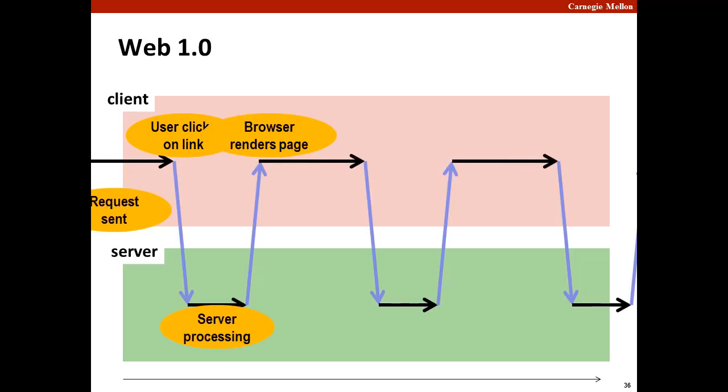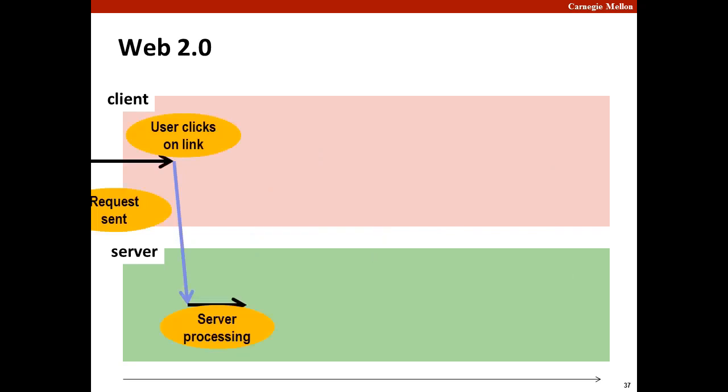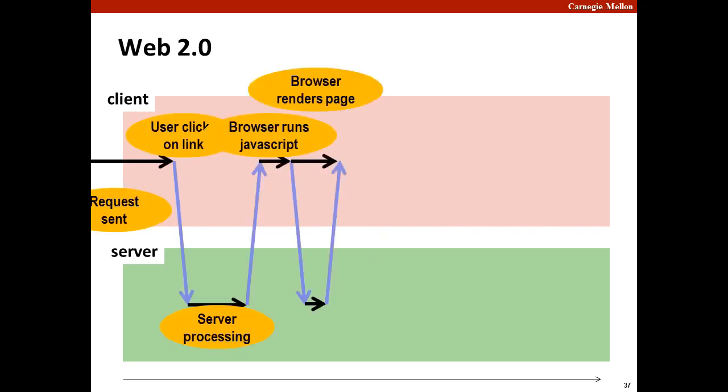So-called Web 1.0 is characterized by the client making a request, the server sending a response. Request, response, request, response, request, response. Okay? Web 2.0: the client makes a request, the server processes the request, and sends over a bunch of stuff.